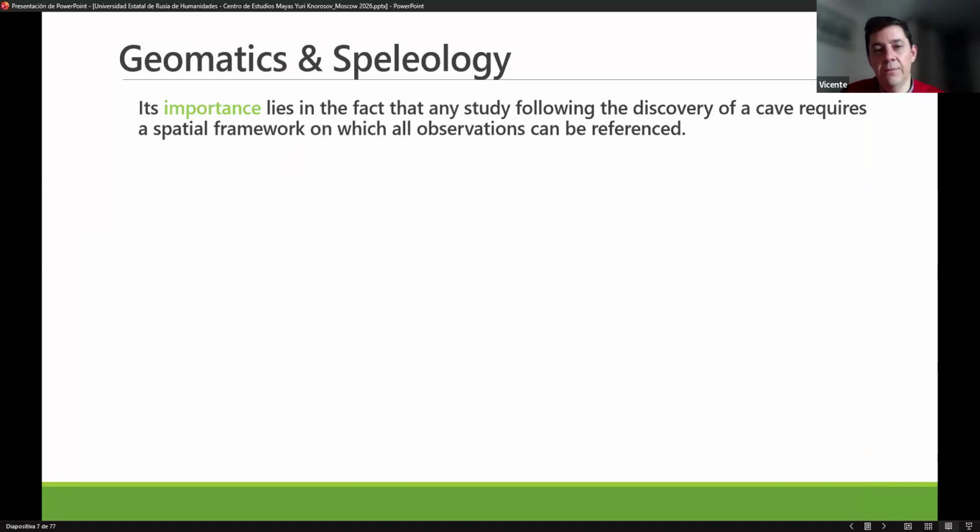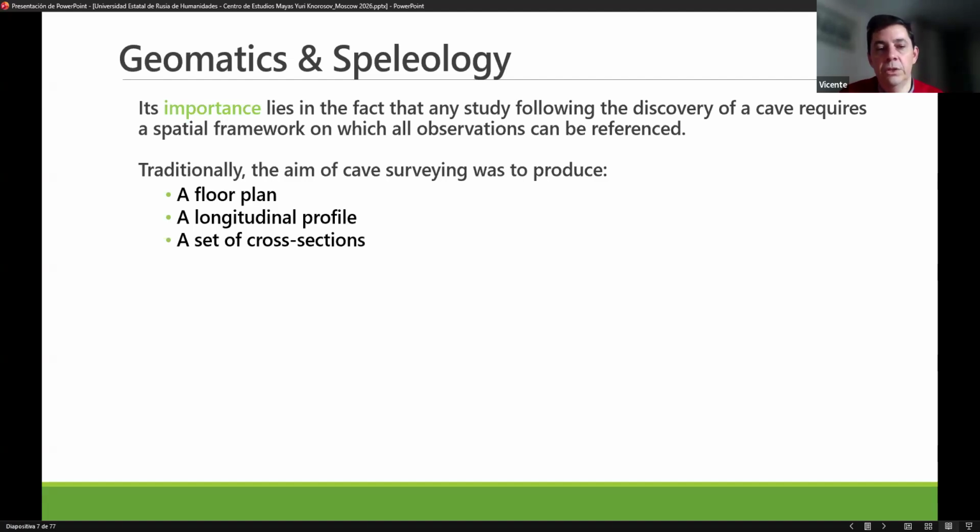Caves, or speleology, and geomatics have always been in relation because the importance lies in geomatics putting together all the observations of the cave parameters.